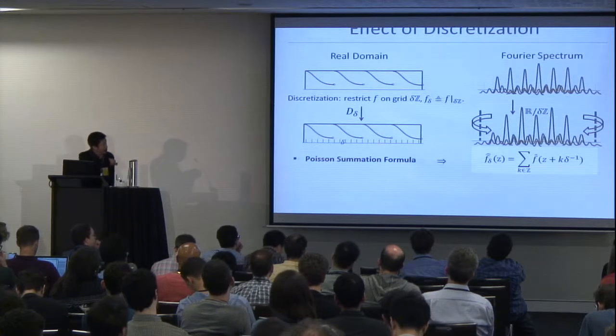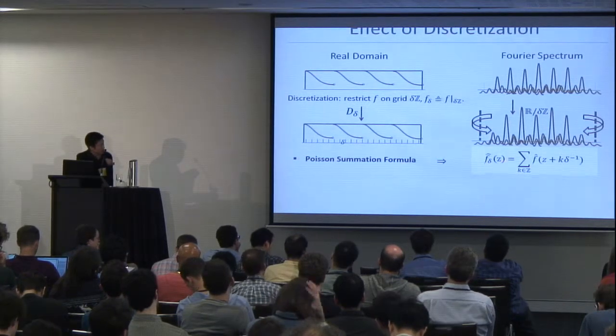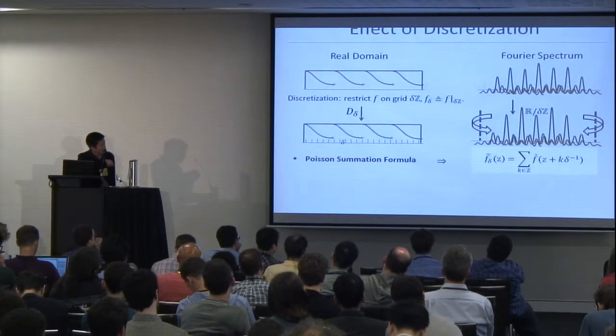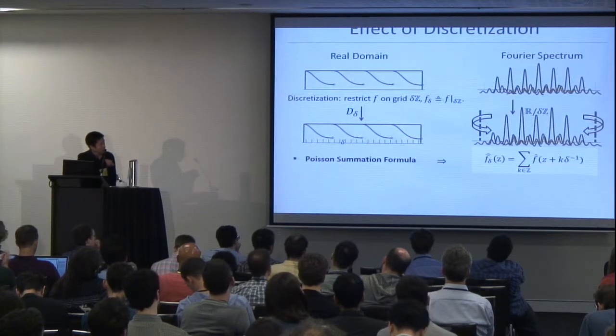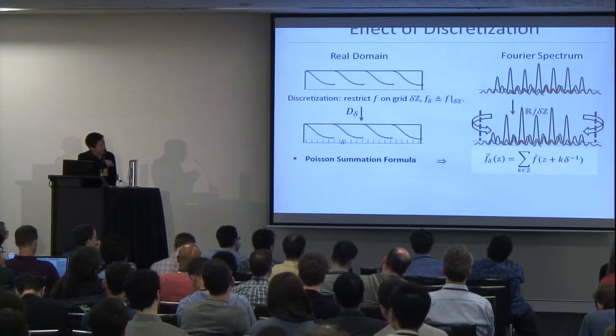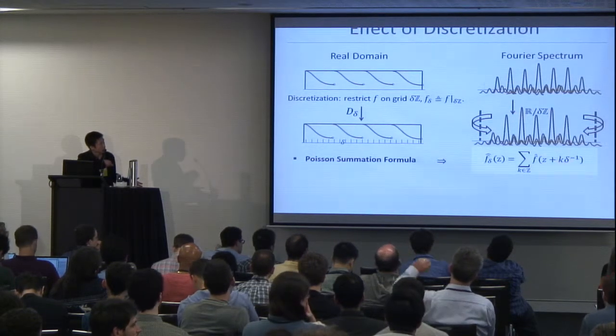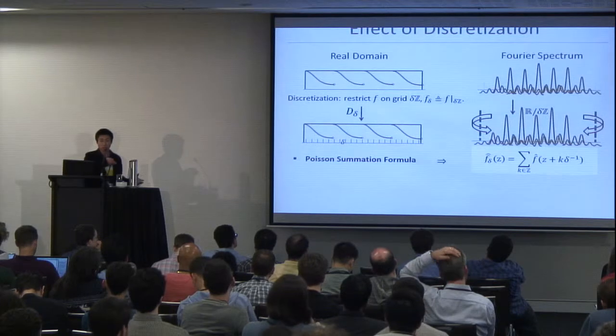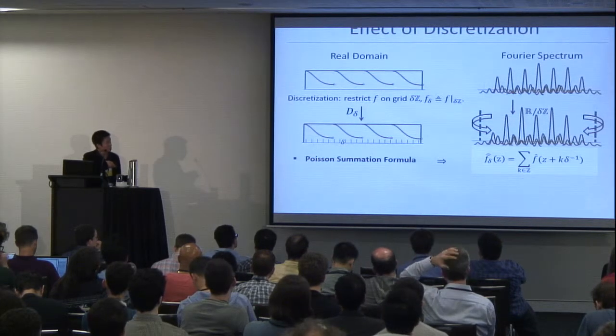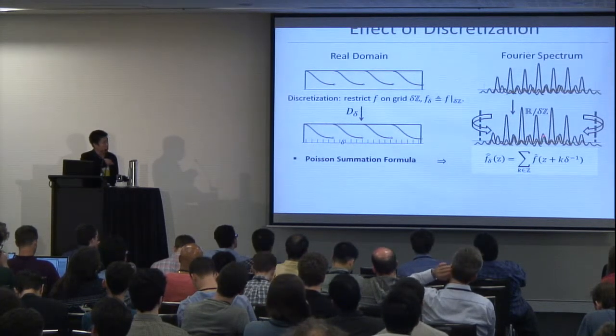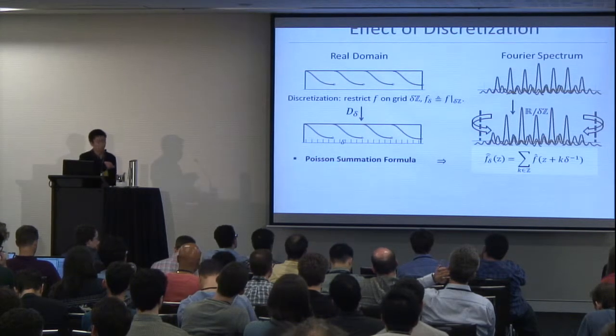Namely, the new amplitude at a point z will be the summation of all old amplitudes of the points which are equal modulo 1 over delta. So in general, this could totally mess up the Fourier spectrum due to some bad cancellation.